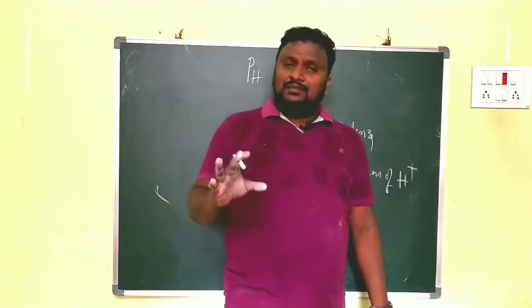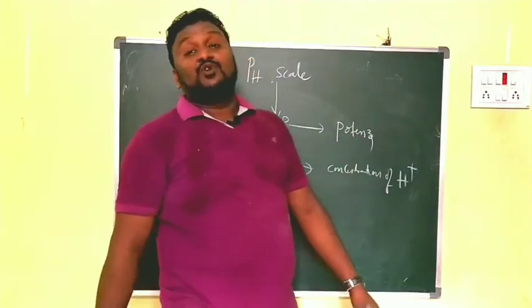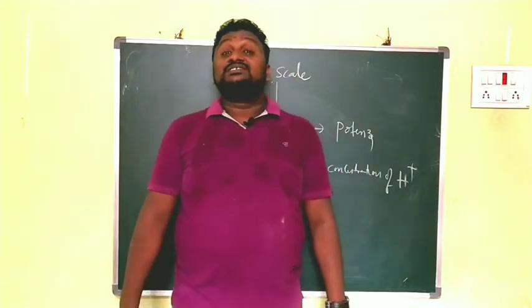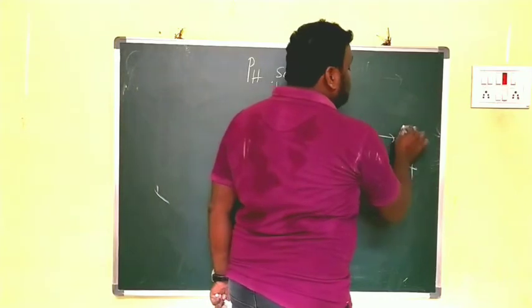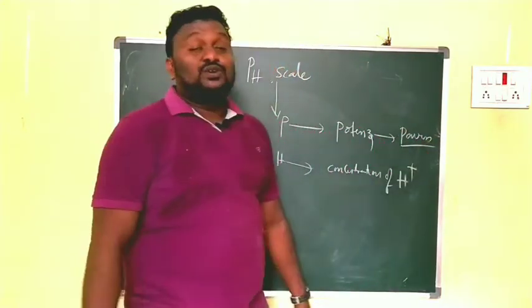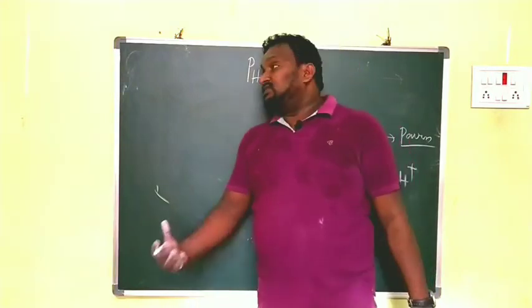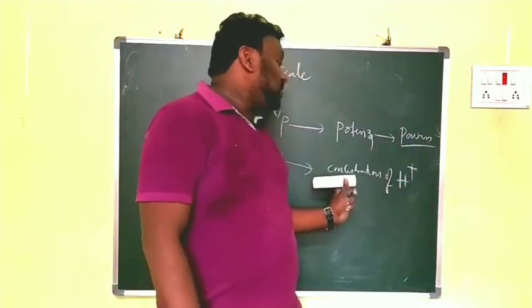So in the pH scale, P means what? Potenz. It is a German word. Potenz means power. So H means what?